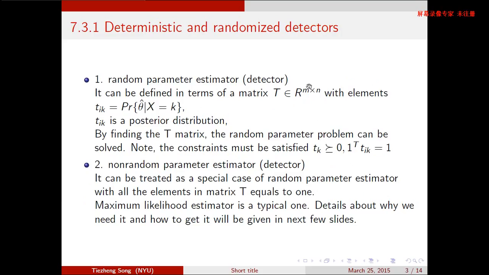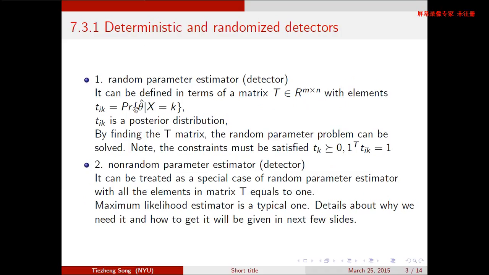Now let's talk about deterministic and randomized detectors. The first one is the random parameter estimator. So it can be defined in terms of a matrix T with elements like this.